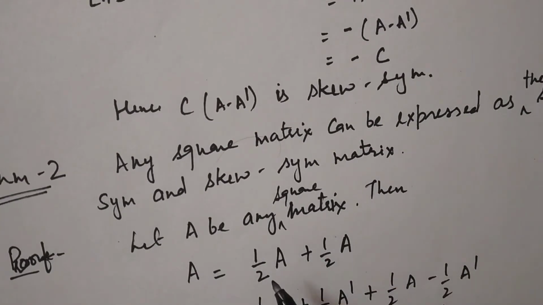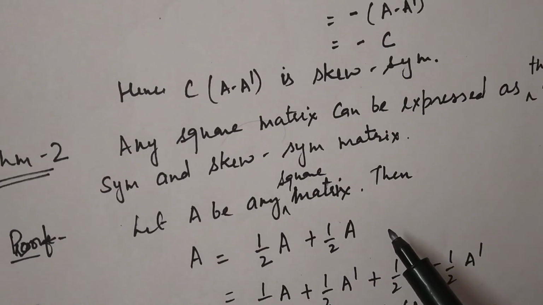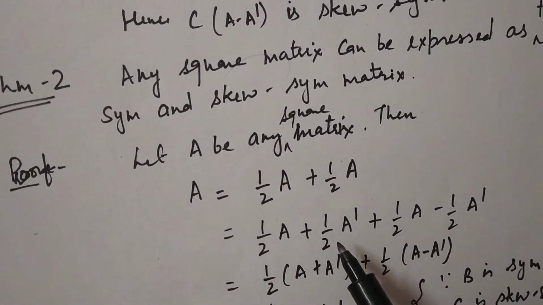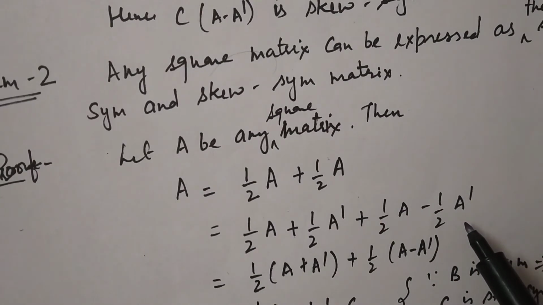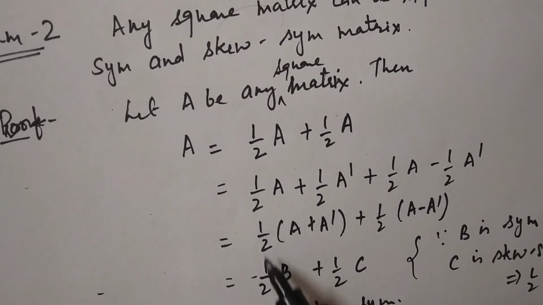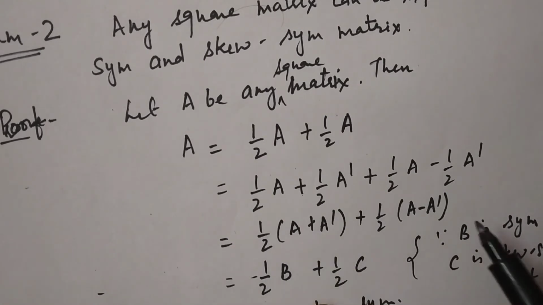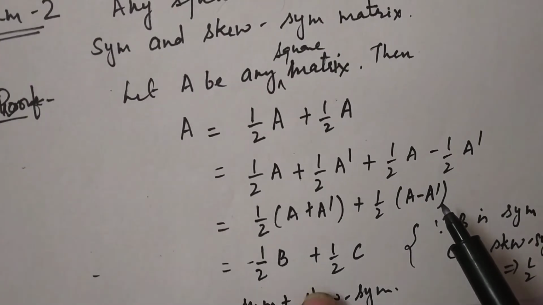Then as we know in algebra, any matrix A can be written as half of A plus half of A. Now what I do, I add half of transpose of A to it and also subtract the same. Now from these two I take half common, and this is half of A plus A transpose, and from this again half common, A minus A transpose.